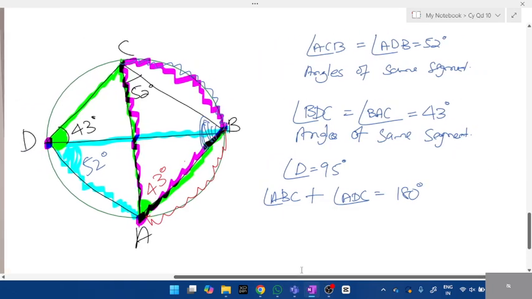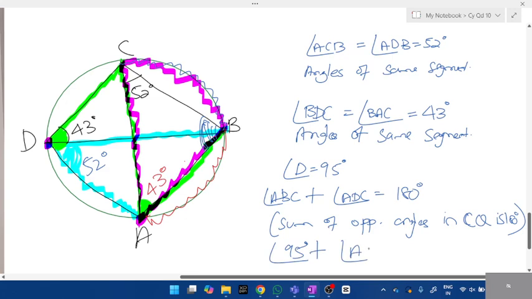Write that statement. Therefore, 95 degrees plus angle ABC is equal to 180. Find the value of ABC. That's it.